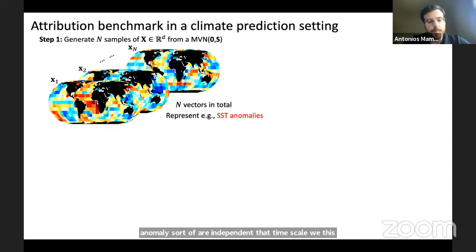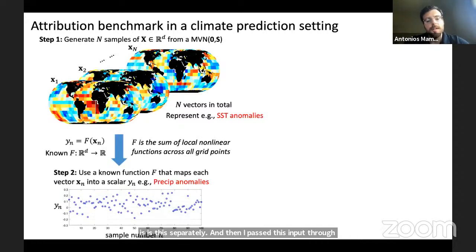And then I pass this input through a nonlinear function f, which I know, and I create a scalar value that corresponds to each sample. So this function f transforms each map to a scalar value, which is supposed to be the output of this synthetic system. And this way I create the series of the predictand variable, which could represent precipitation anomalies, for example.